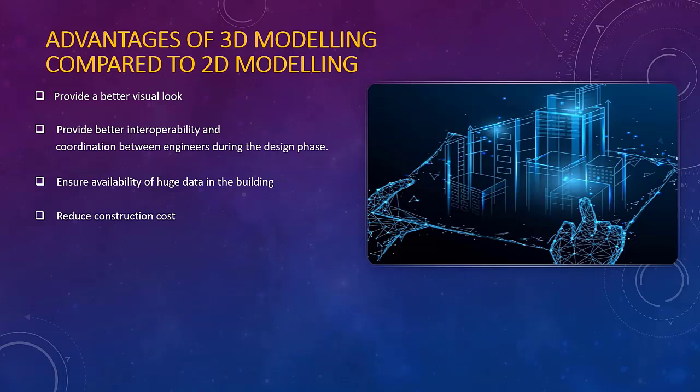Number three, development of 3D modeling will also ensure availability of huge data for that particular building to be constructed. And finally, it reduces overall construction costs and other related costs as well.